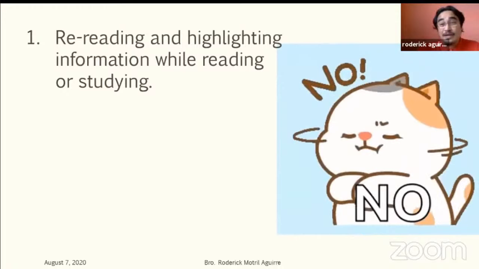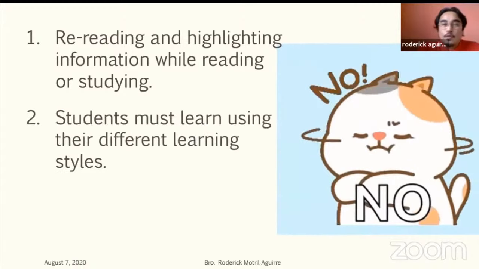All right. Next, students must learn using their different learning styles. That is a myth. I explained in my previous trainings and my webinars that it's partly true that as teachers we consider the individual learning styles of our students. But remember, the ultimate goal for our students is to be able to adjust to different learning situations and various social contexts. Therefore, they must not stay in their own learning styles.